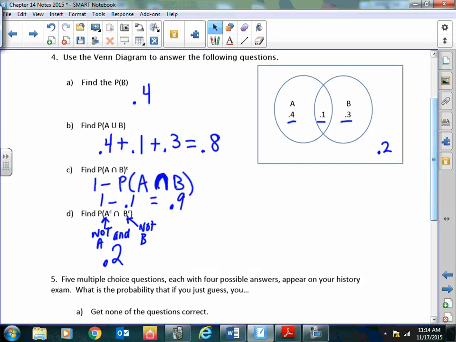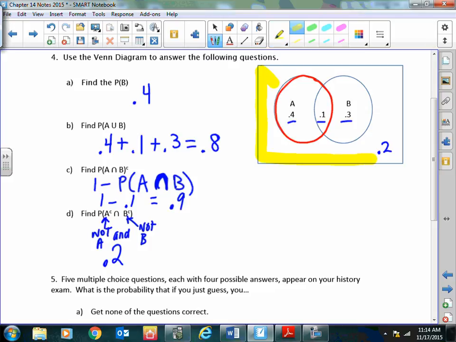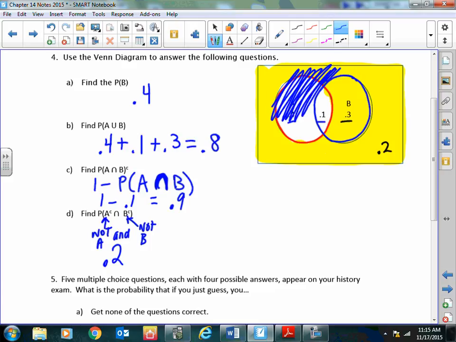So I'm going to do the intersection of the not A and the not B. So first I'm going to shade not A. Okay, here's A. And so then let me do not A. Okay, here's the not A. Okay, so there's not A. All right, next I'm going to do B, but I'm going to do not B. So here is B, so I want to do not B. So here's the not B.